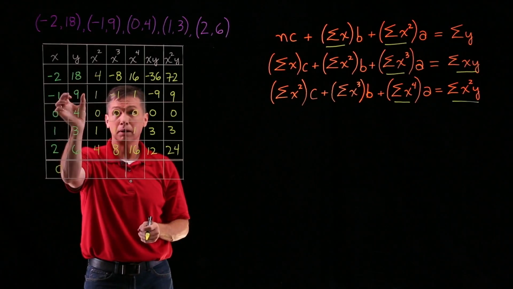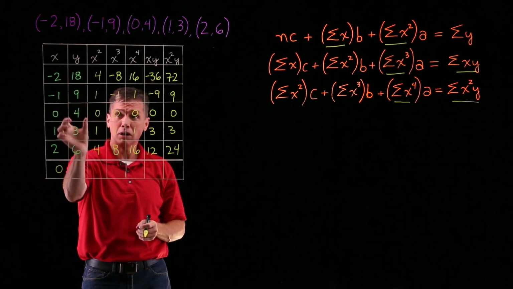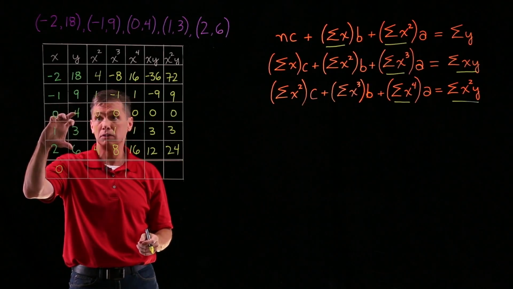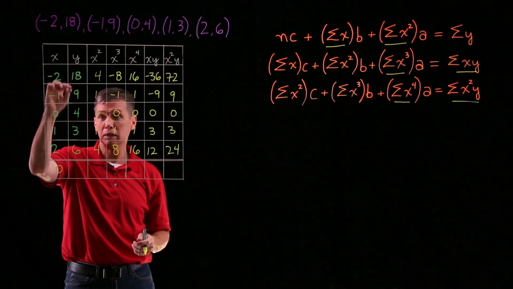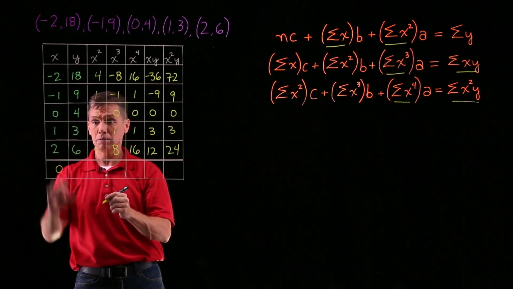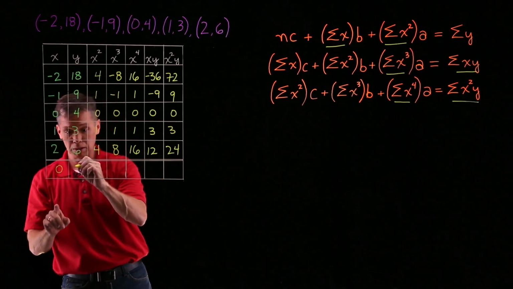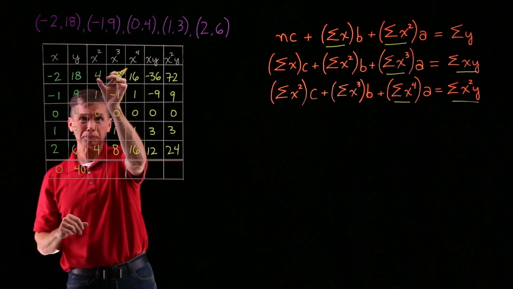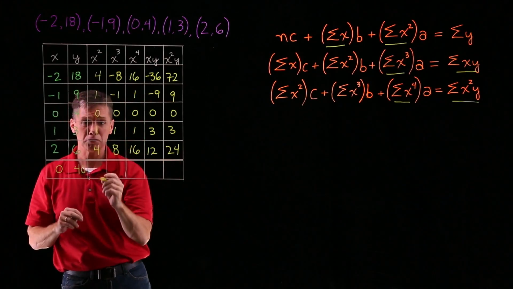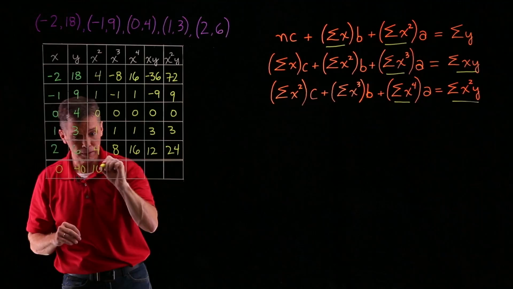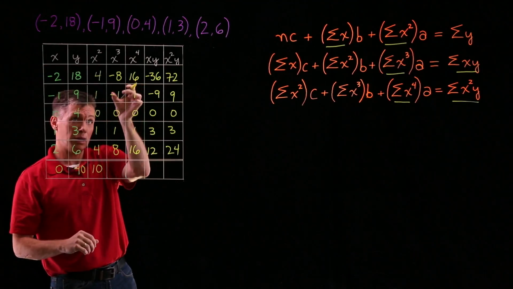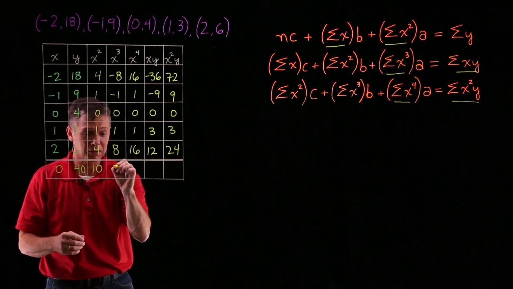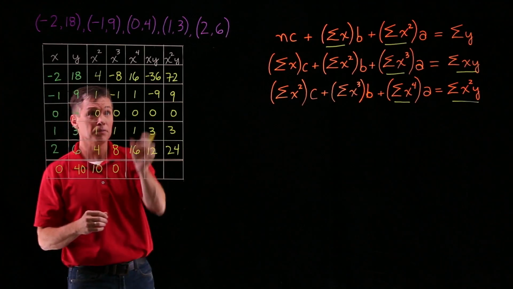Now I need to add up the y column. That's 10, 28, 37, 40. Can always grab a calculator. Add these up. 4, 1 is 5, and double is 10. Add this column up. They're actually kind of nice to us again. That's another 0, so that's good.